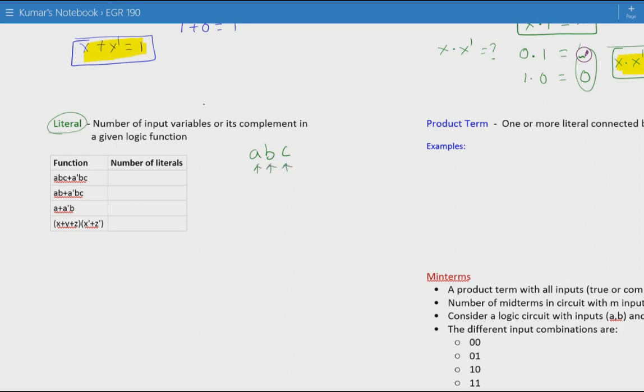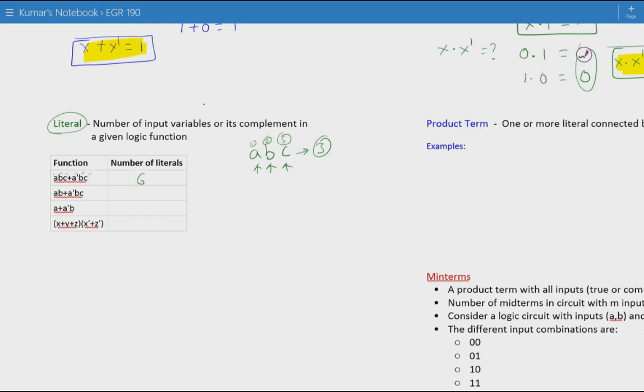So here we have A 1, B 2, C 3. So the number of literals in this function is just 3. It is the number of input variables or their complements in a given function. Here we have 1, 2, 3, 4, 5, 6. So we have 6 literals here.